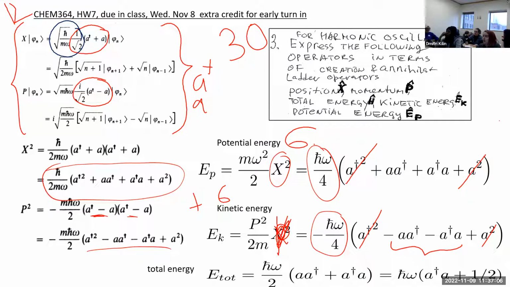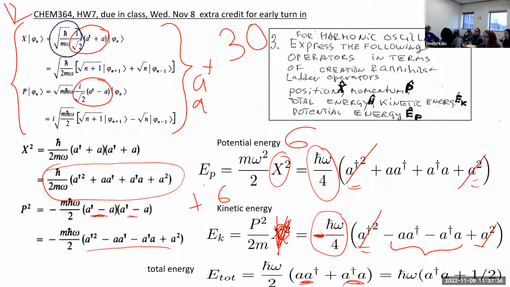And then if one wants to compose the total energy, then one would need to add together potential and kinetic energy. And since the sign here is negative, the second powers of the ladder operators cancel, and one does have an anti-commutator of ladder operators, different order of a dagger, a, h bar omega over 2.